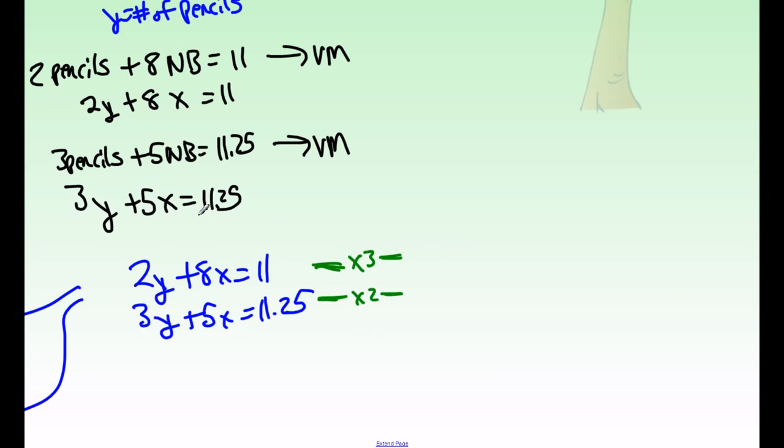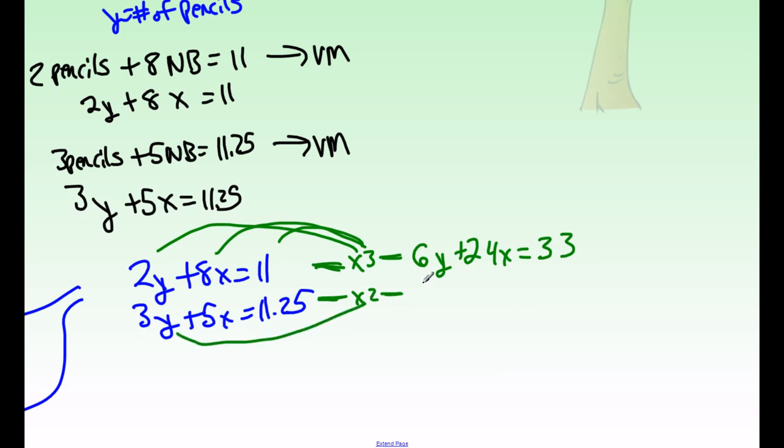So let's do that. 3 times 2 is 6y. 3 times 8 is 24x's. 3 times 11 is 33. Okay, 2 times 3y is 6y. That was the whole point of multiplying by the 3 on the top and the 2 on the bottom, is so that those canceled.